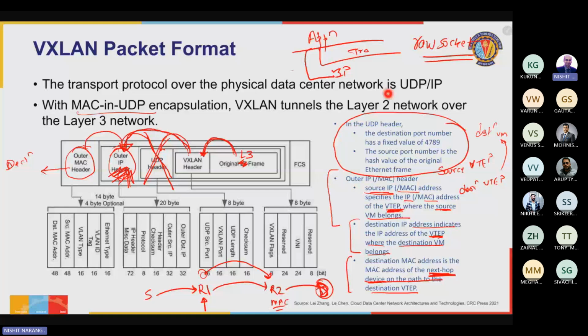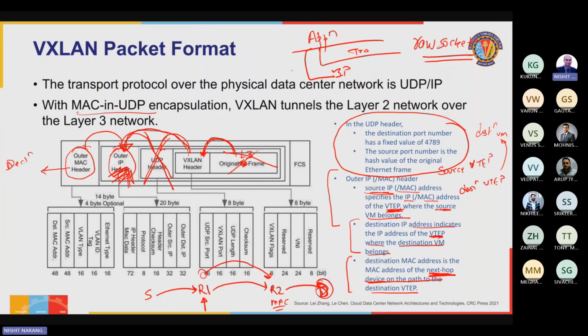But actually, I can support a layer 3 overlay network over a layer 3 underlay network also. And as I said, for all I care, this could even be a proprietary networking protocol. For me, it's only a payload. So I can support any form of overlay network over the data center network using VXLAN. That's the important lesson from today's class.